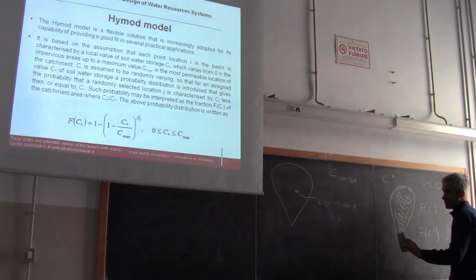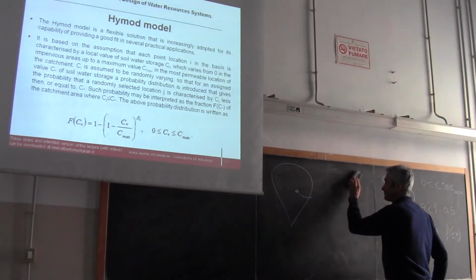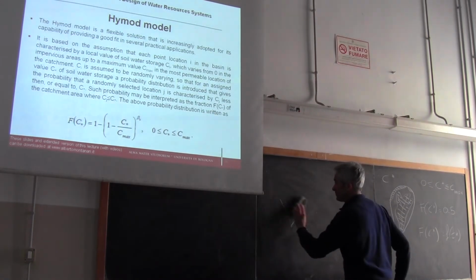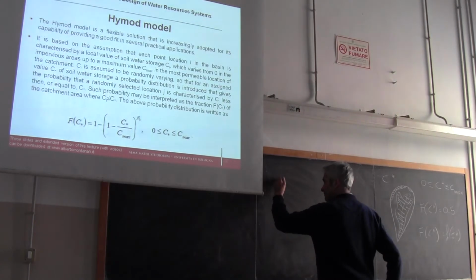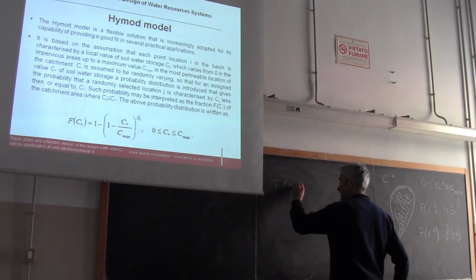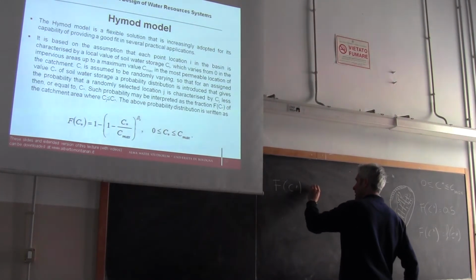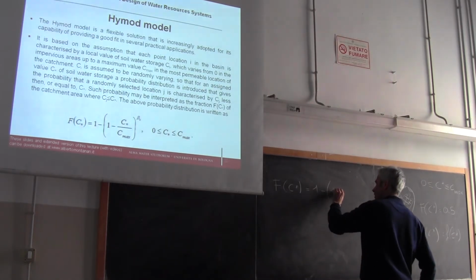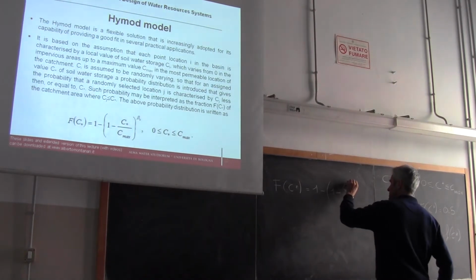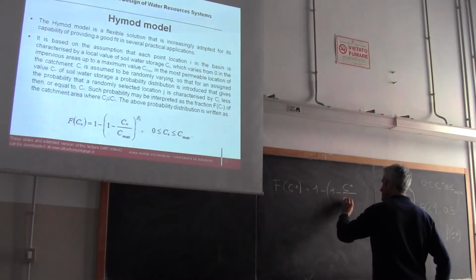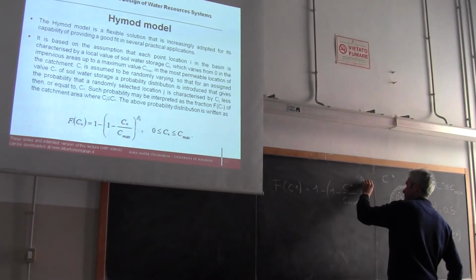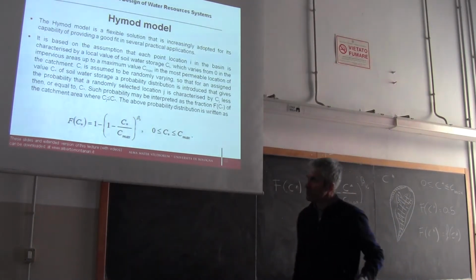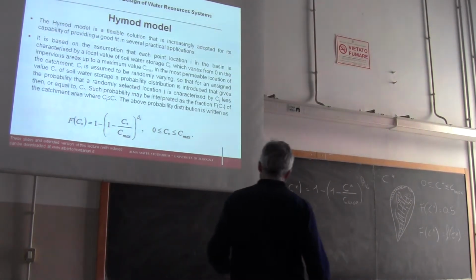Okay, let's introduce it. Let's try with this one. F C star is equal to 1 minus C star divided by C max to the exponent beta k. Let's hope that my memory works here. Okay.